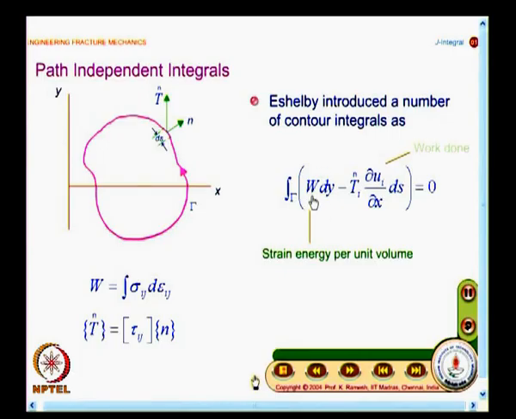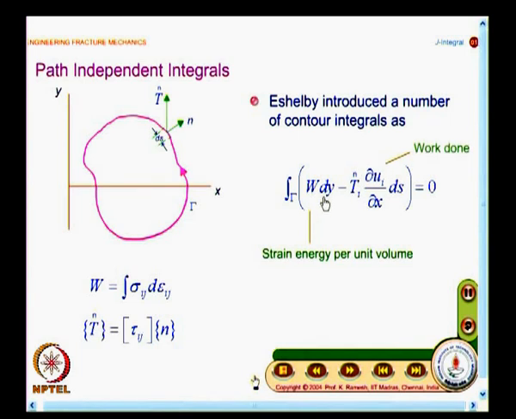I would also show that the first term essentially gives the strain energy per unit volume, and the second term you have the stress vector, and this is the work done.